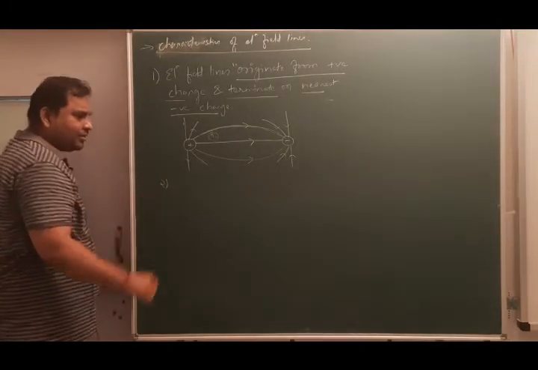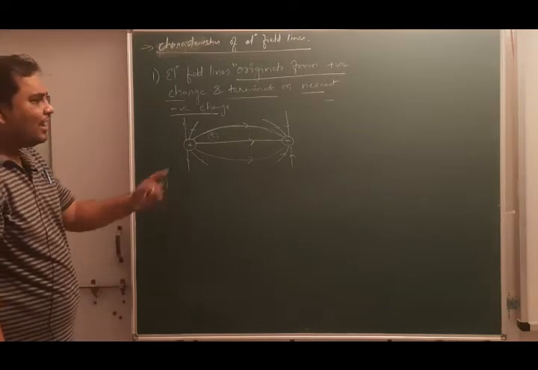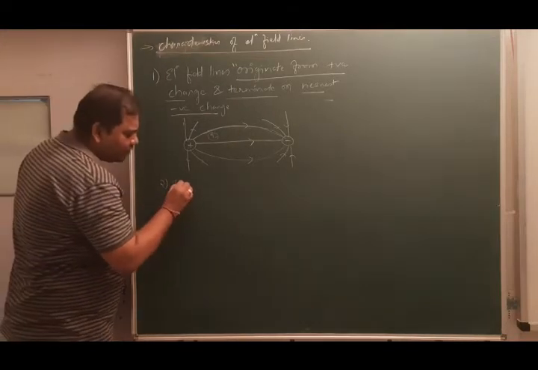Electric field lines will give you an idea about the direction of electric field at each and every point. How do they give that idea?